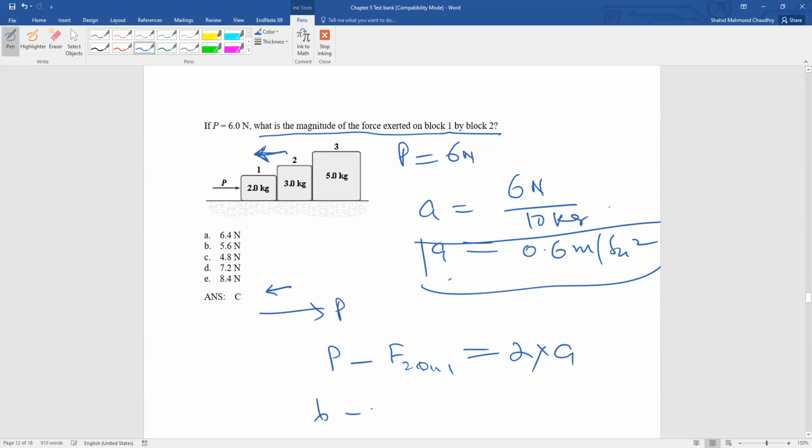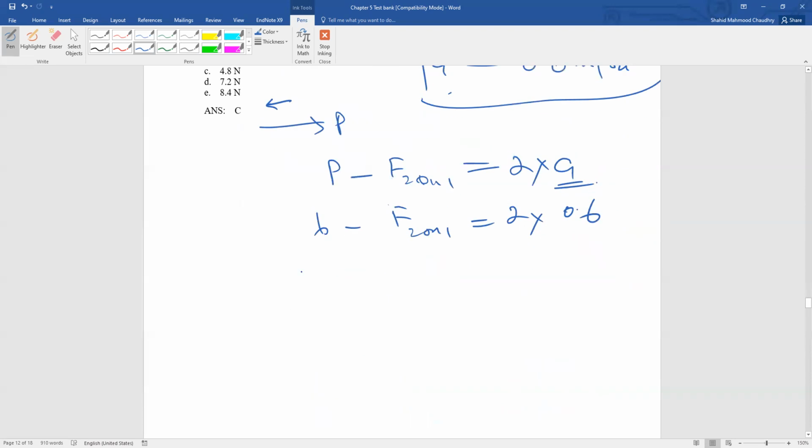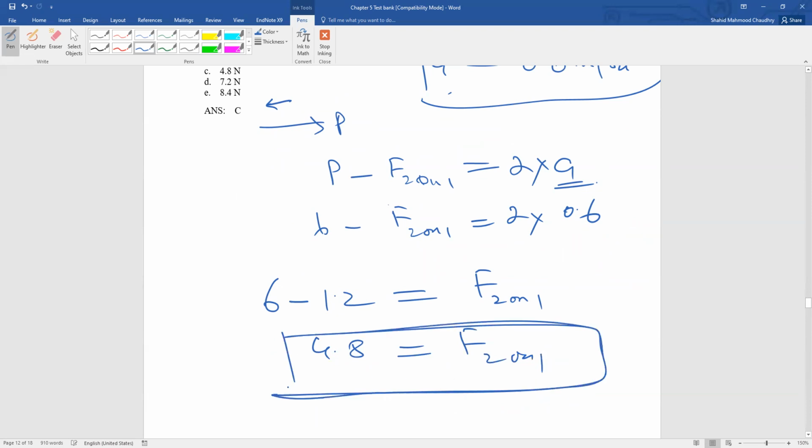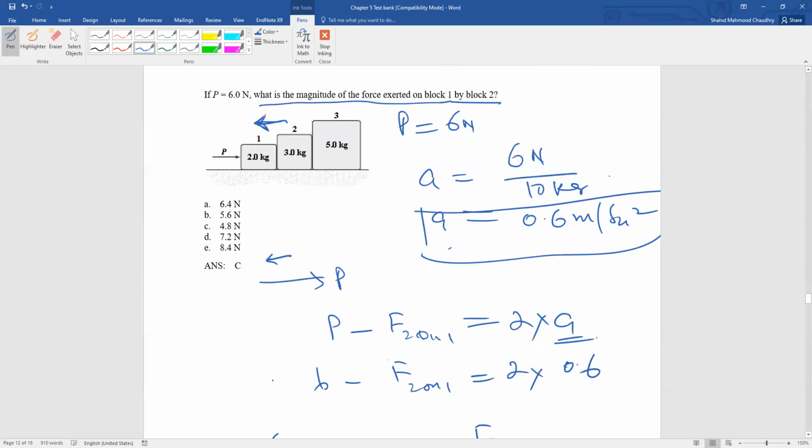P is 6, so 6 minus 2 into 0.6, that is 1.2, is equal to F2 on 1. If you solve this, it is 4.8. F2 on 1. So this is the answer. We found this force, which acts in this direction on this block.